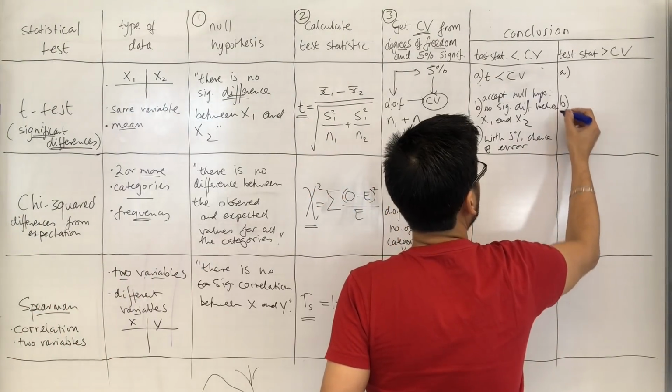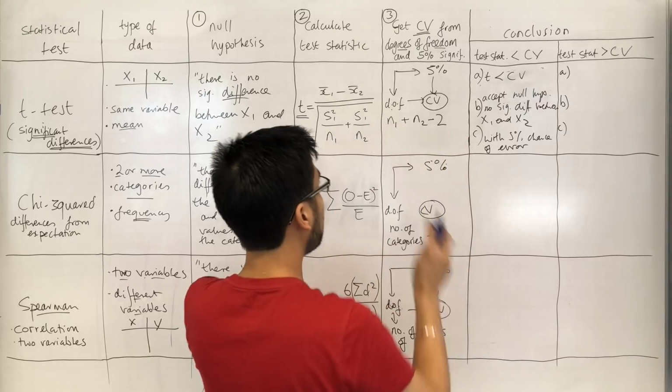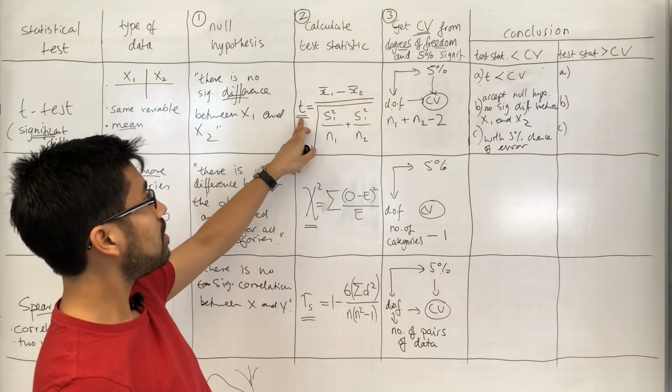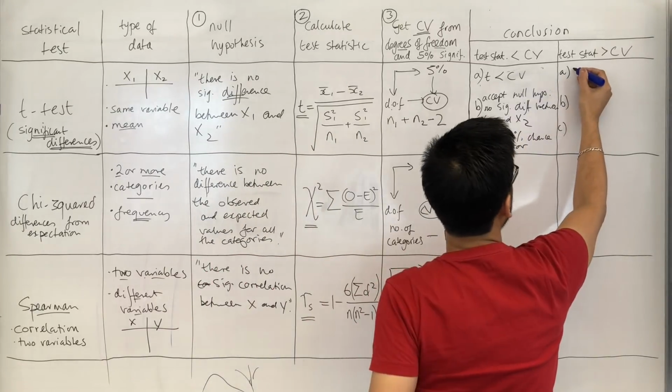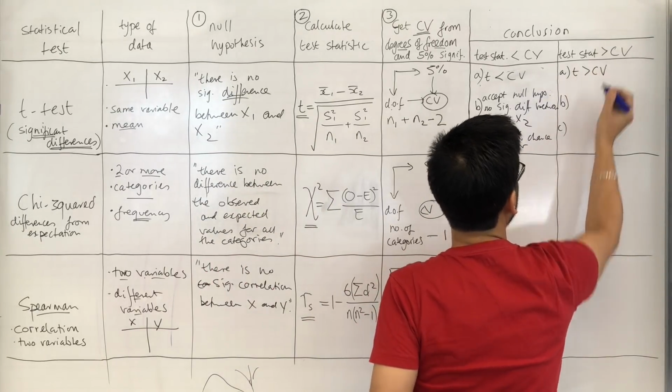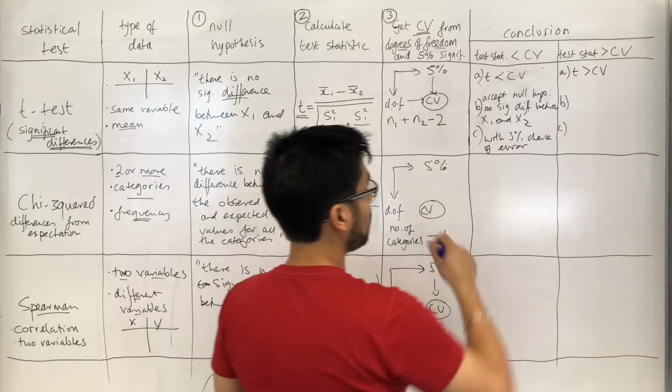Again, parallel. If, however, your test statistic is greater than the critical value that you determined, then you must state that t is greater than the critical value.